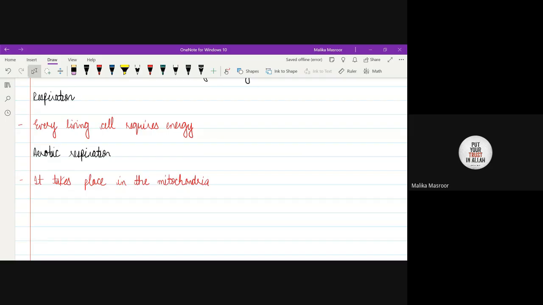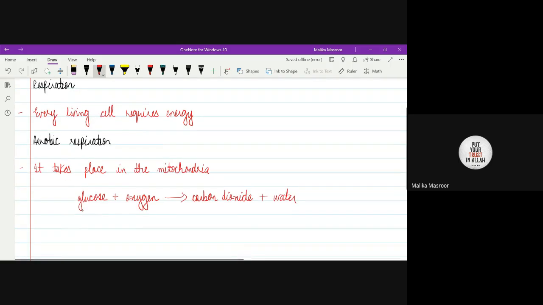Glucose plus oxygen gives carbon dioxide and water. This is the word equation. You will also need to know the symbolic equation. C6H12O6 plus 6O2 gives 6CO2 plus 6H2O; it is basically the opposite of photosynthesis.